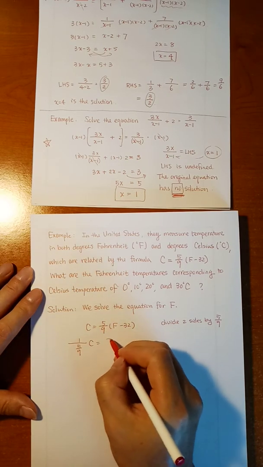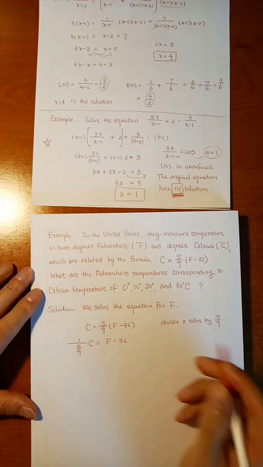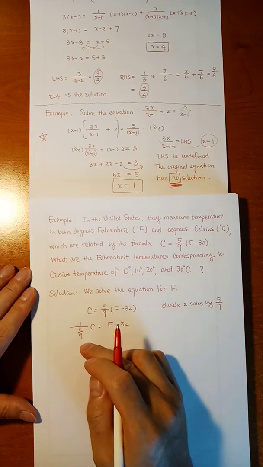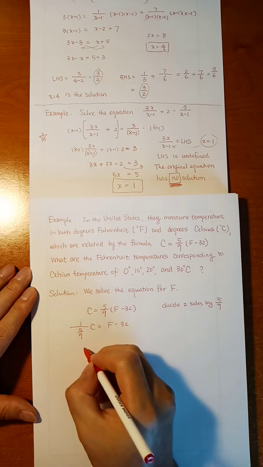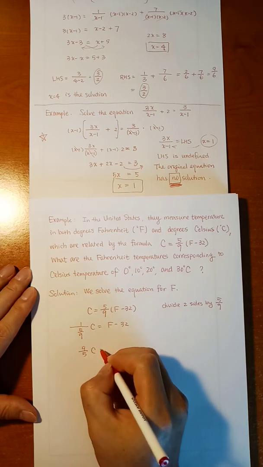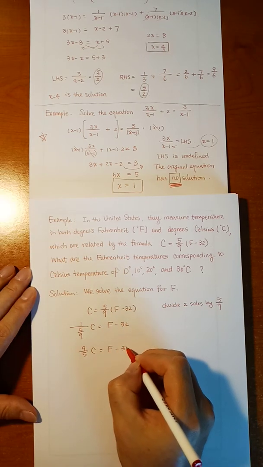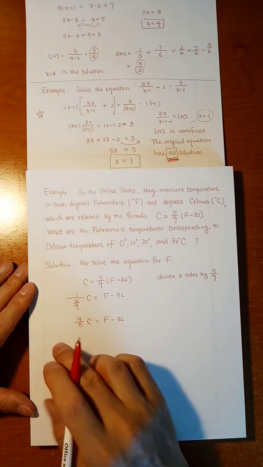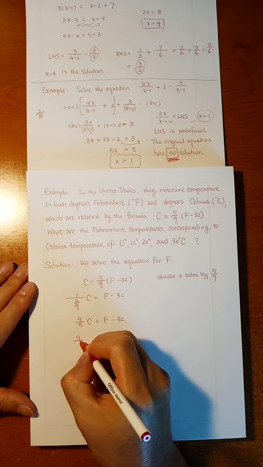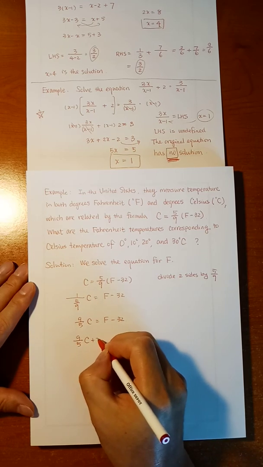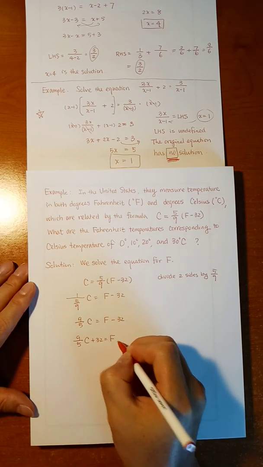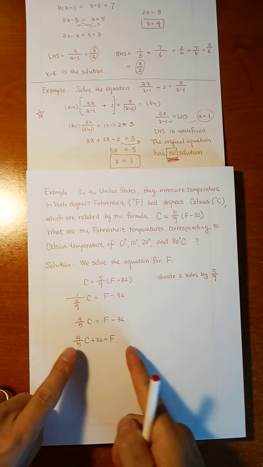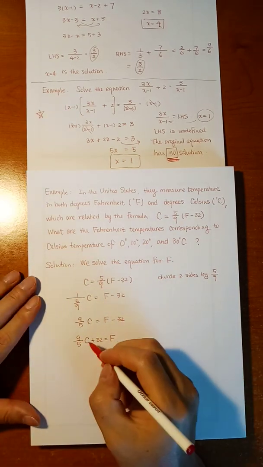This term disappears, so it's F minus 32. 1 over 5/9 is 9/5, so it's 9/5 C equals F minus 32. And then you move this 32 to the other side, and then you interchange the two sides.